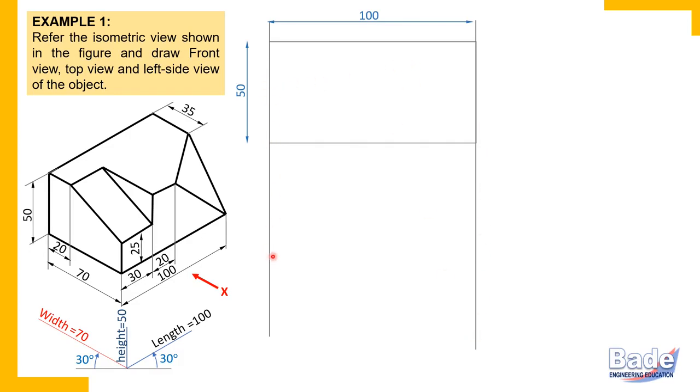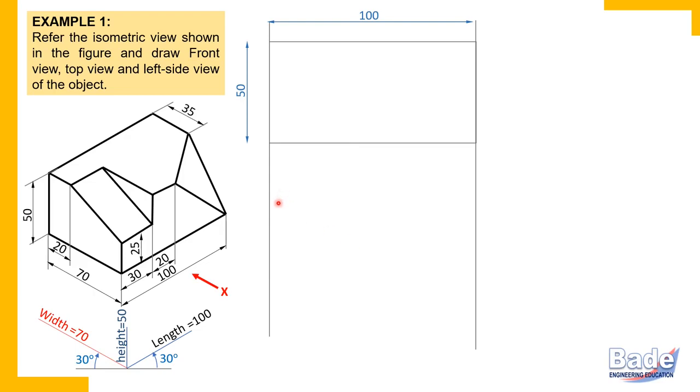The logic behind that is what we studied in the very first lecture, that two views of a point lie on a single projector. So these corners of the object will be on the same projectors in the top view. These are the end projectors for the top view also. So end projectors of any object in the front view and top view match.